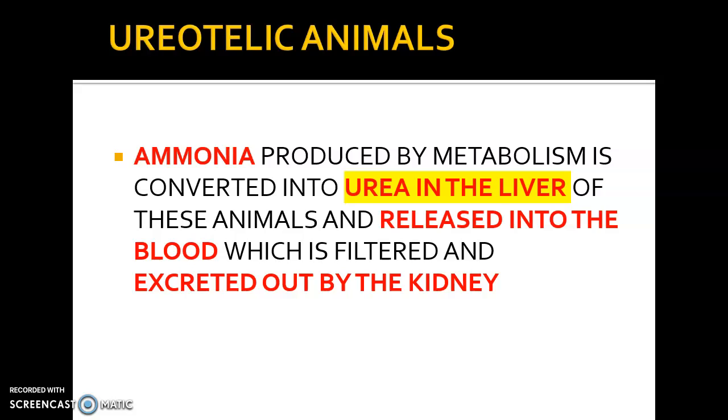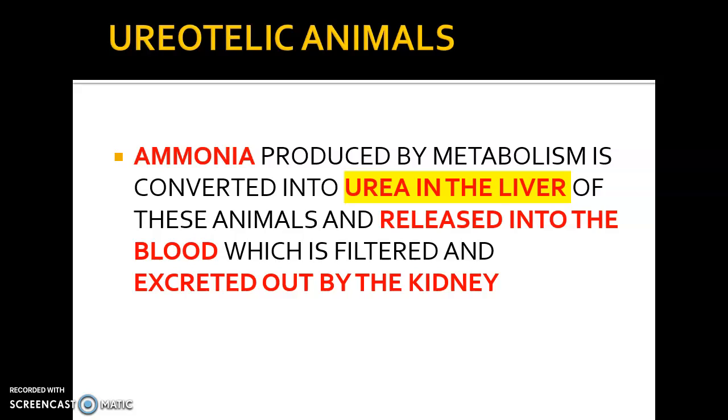So what basically happens is, even the ureotelic animal produces ammonia. But this ammonia first goes to the liver to be converted into a safer form of nitrogenous waste, and that is urea. Then this urea is released in the blood, and then this urea is filtered by the kidney and excreted out.